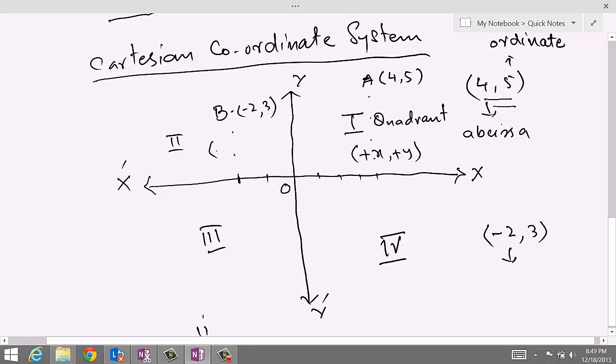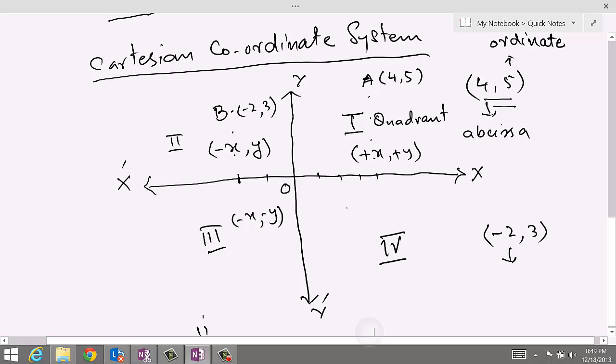If x is negative but y, the ordinate, is positive, they will go into the second quadrant. If both are negative, we are going to move left and then we're going to move down. So minus x and minus y, that will go in third quadrant.